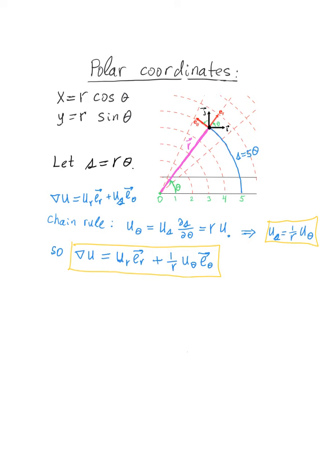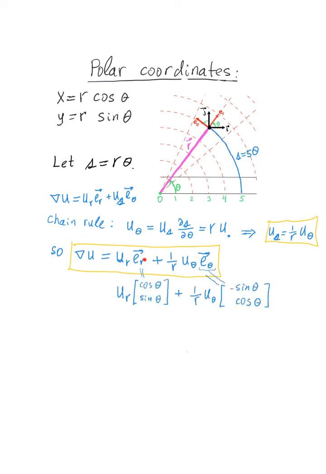Now let's convert this expression to the usual Cartesian coordinates. As we mentioned, the new basis er, e theta is obtained from the Cartesian basis by rotating by angle theta. So we know the Cartesian coordinates of er, e theta.